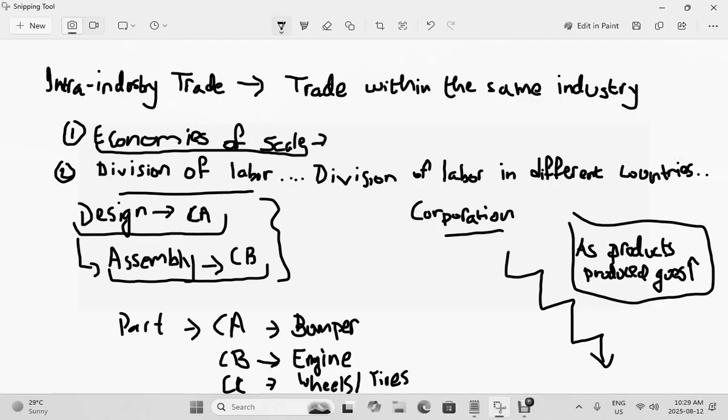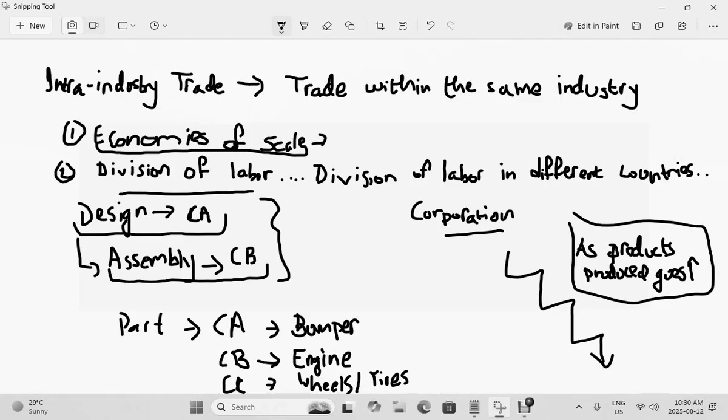So a machine may be able to produce 100 units rather than manual labor, which might be able to produce 20 units. So as companies invest in equipment, machinery, gadgets and tools, the cost of production for those companies when it comes to producing a finished product will go down.